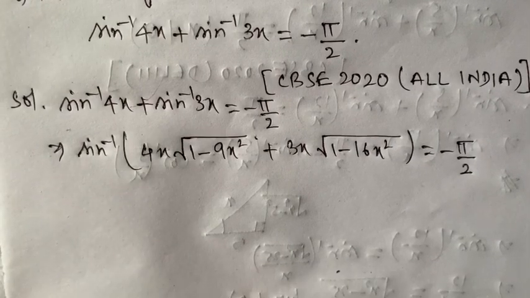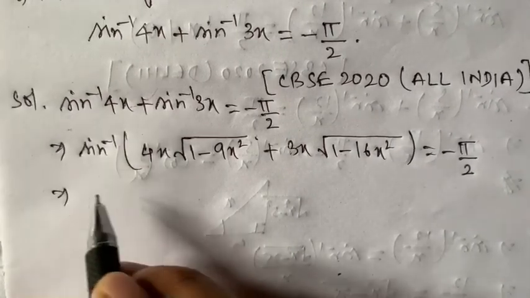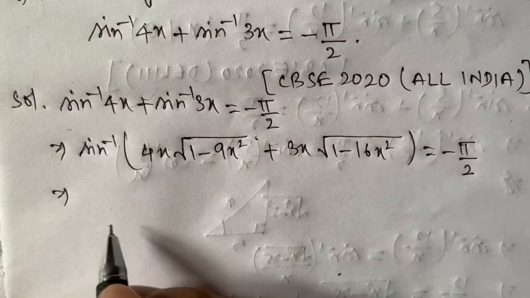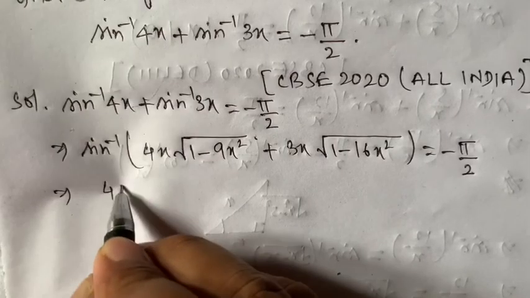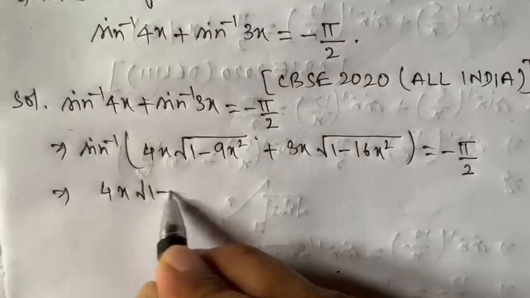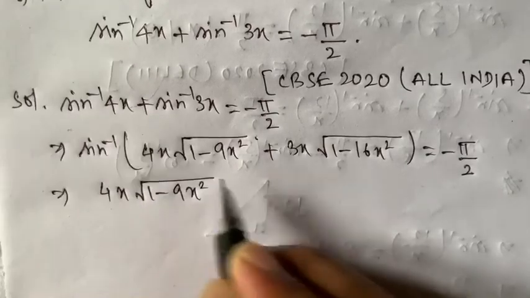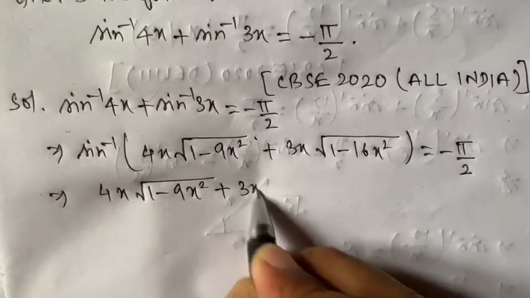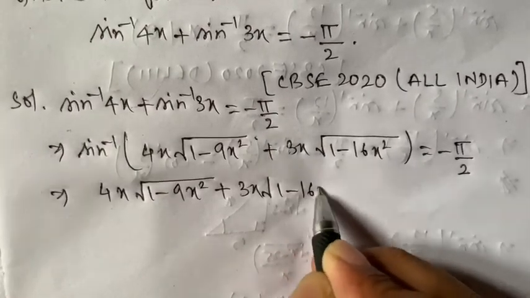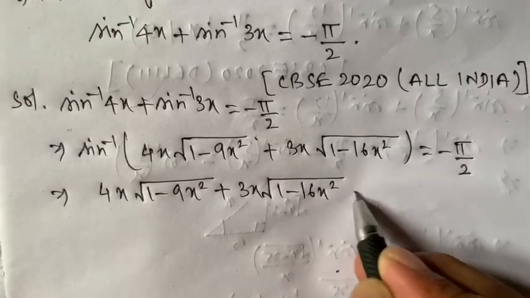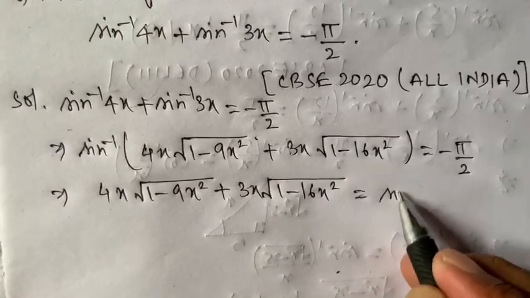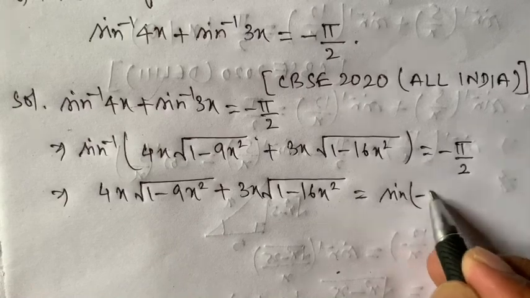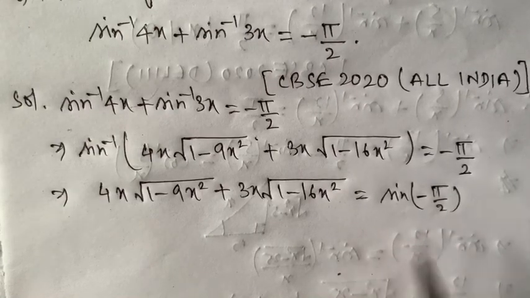Now we bring the sine inverse to the right hand side, so we have 4x root under 1 minus 9x square plus 3x root under 1 minus 16x square is equal to sine of minus pi by 2.